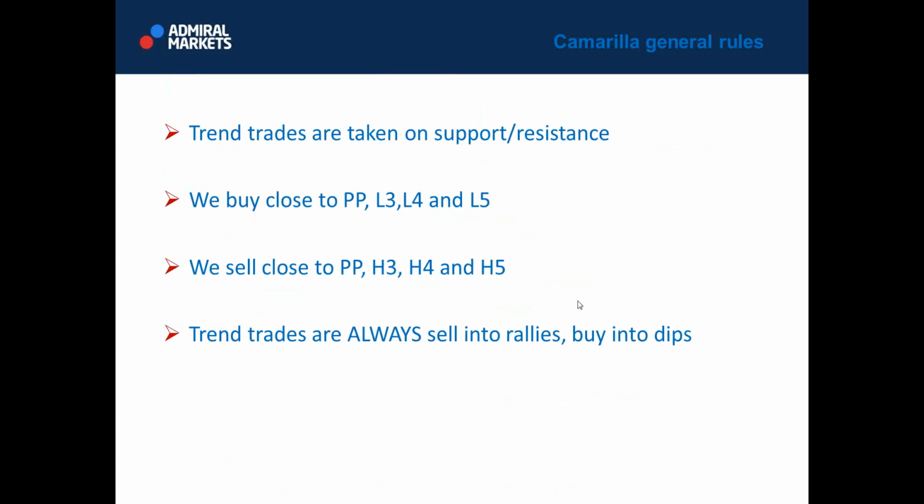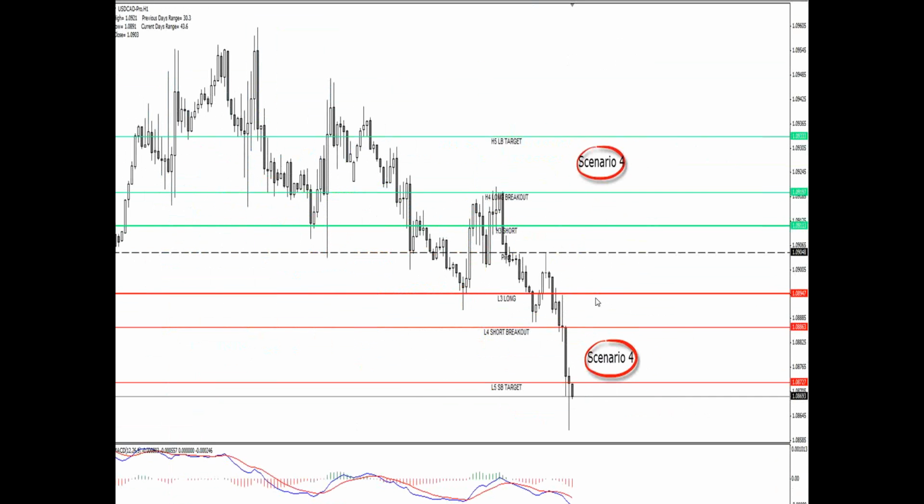Now, general rules are this. Remember, guys, trend trades are always taken as sell into rallies and buy into dips. Those are standard trend trades, and it doesn't matter if you trade Camarilla or not.